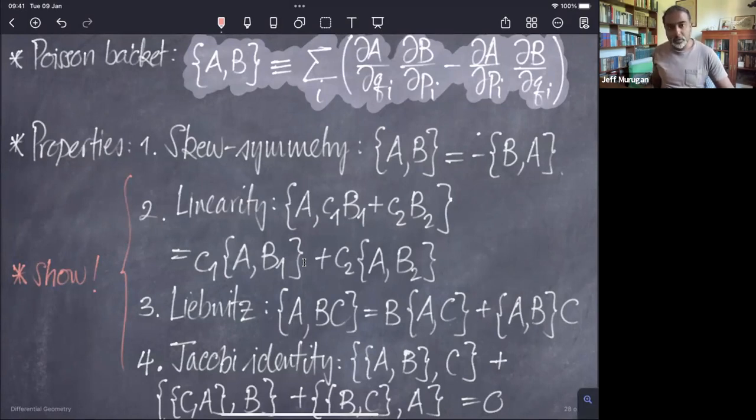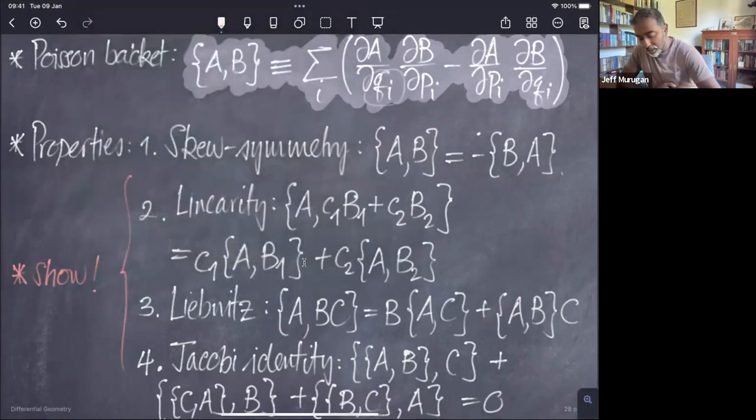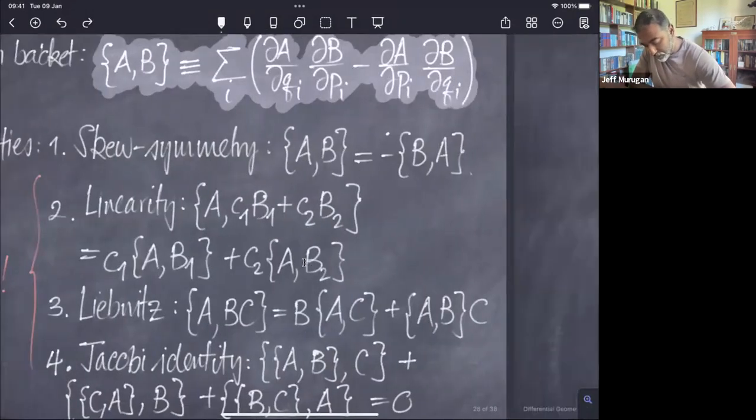Of all the possible Poisson brackets that we could write down, there are three that are fundamental. And those are the ones that involve the specific functions Qi and Pi respectively. So let's list them as separate properties.